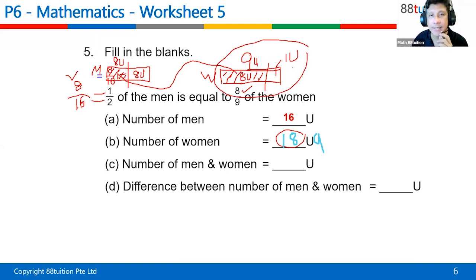You get it? We didn't multiply by 2. Because we took 8 to match with the men's 8, but the total is actually just 9. So 9 units will be our answer for women. And if that is the case, then number of men and women, you add 16 and 9, 25 is correct. And of course, difference, you take the 16 and minus the 9, you get 7.